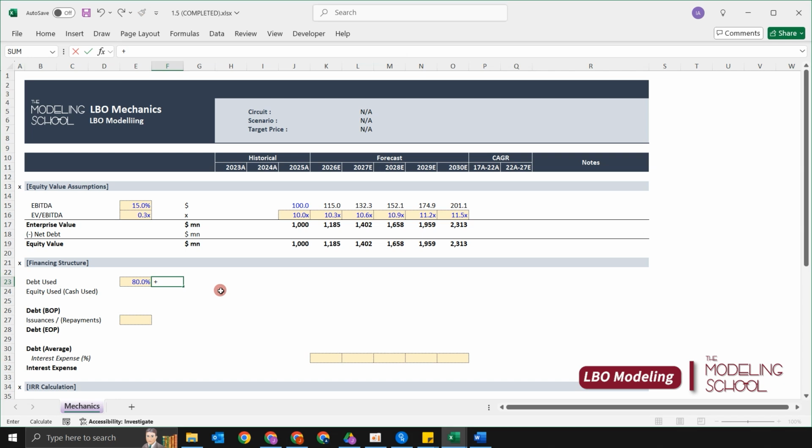So the private equity is going to invest 80% of the entry equity value, which is 800 million in this case, and the rest we can comfortably assume is all cash. So it should be 200 million, correct?